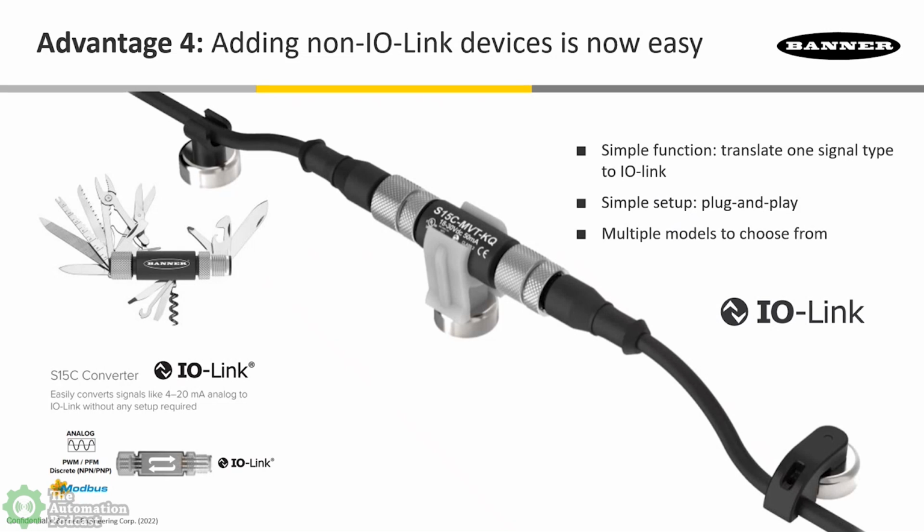These little converters, there's an image there that shows one installed, are about the size of a AA battery. Banner has over 30 different models available depending on what type of signal you want to convert. You could take in signals like 4 to 20 milliamp, 0 to 10 volt, NPN or PNP signals, Modbus signals, convert those signals over to IO-Link and connect them to your IO-Link master. So that's a concern that comes up, but it's really not an issue with these IO-Link converters.